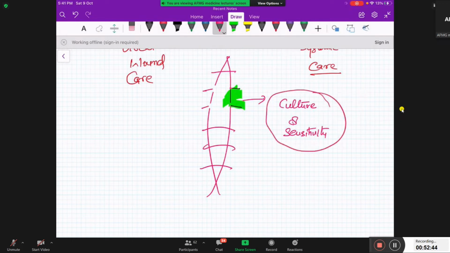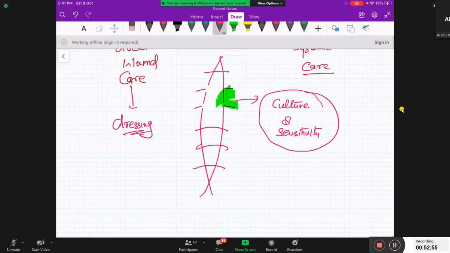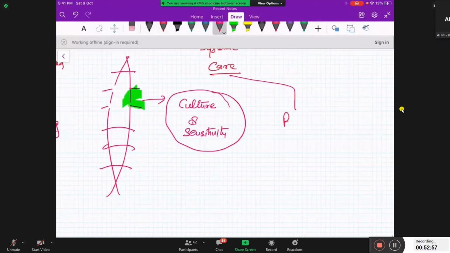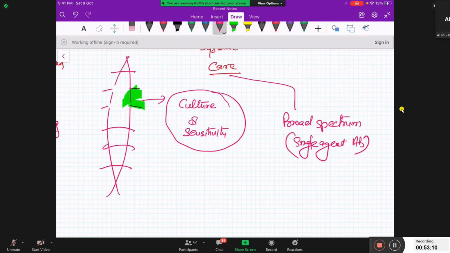Till the time the report comes, we will do the dressing of this wound, the local wound care, and for systemic care, we will give a broad spectrum single agent antibiotic.